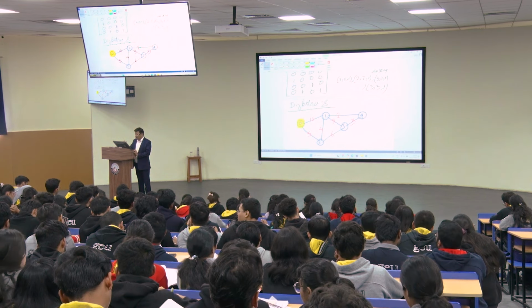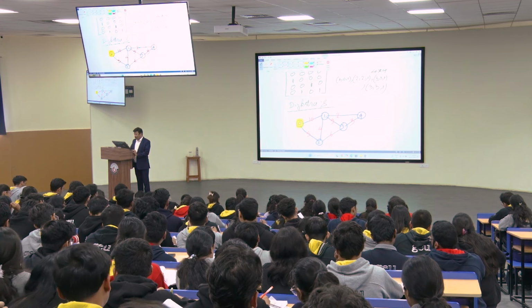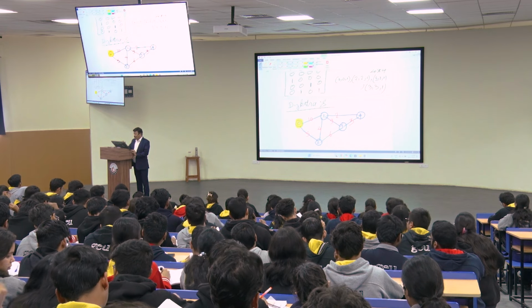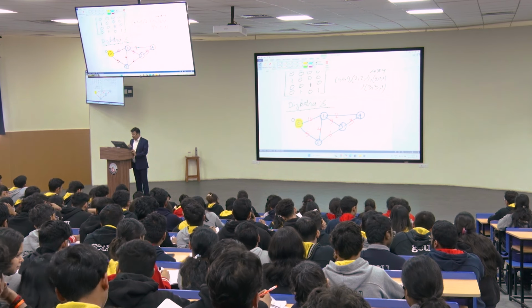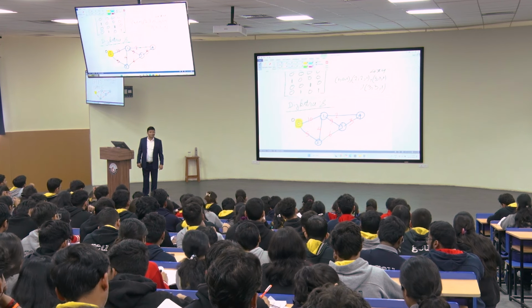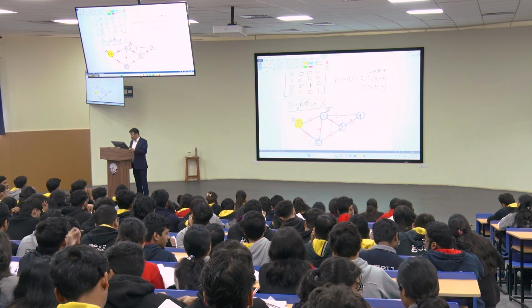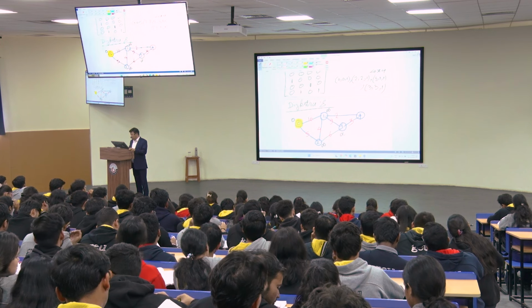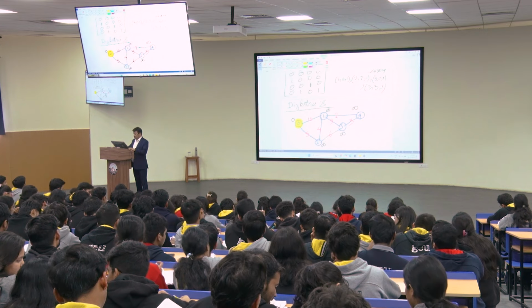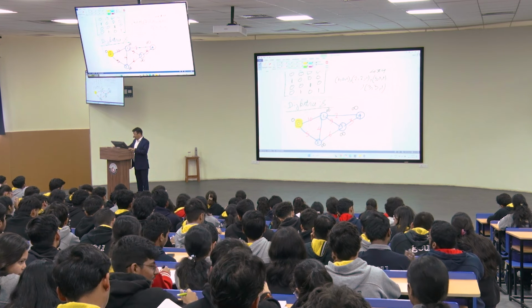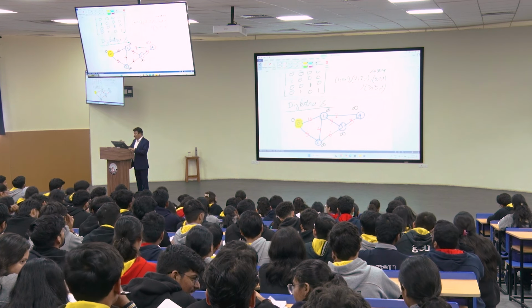What we can do, we can say initially source node is assigned a distance 0 because distance from 0 to 0 is 0. And all other nodes are assigned a distance infinite.